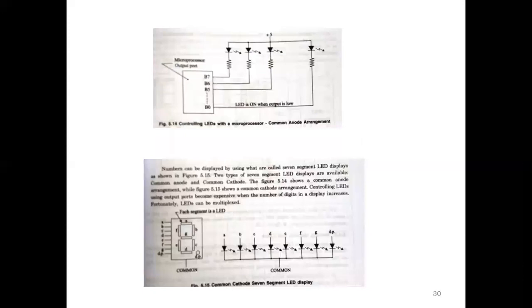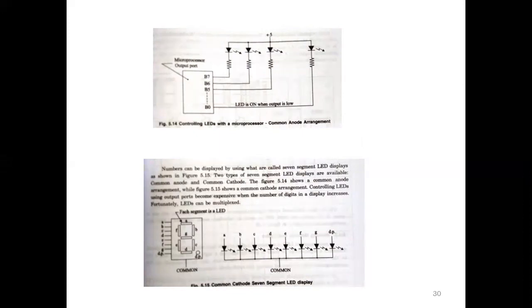This is the common anode arrangement. The plus 5 volt is connected to the anode, then the cathode point is connected to the port, that is for the 8255 in 8085. For the 8051, we can connect directly to the 8051 port.